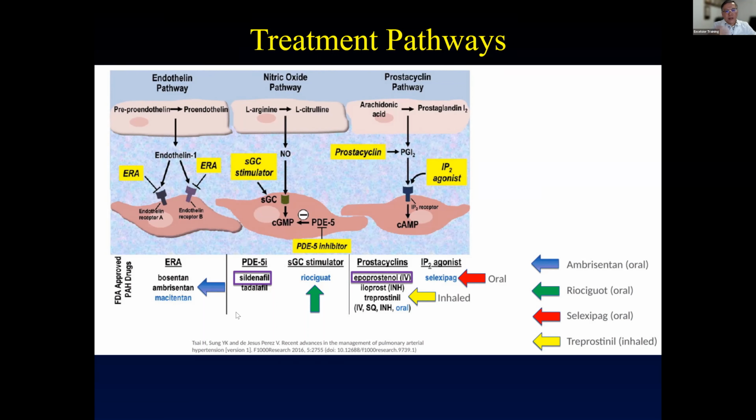When the patient becomes very sick, then you need the prostacyclin. And those are very hard and difficult, painful drugs to administer, not only to the operator, but also to the patient, because it's very tedious and the patient has to be on it all the time. And when the pump stops, disaster happens.